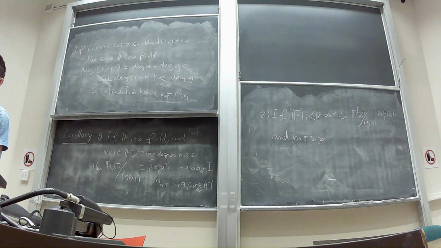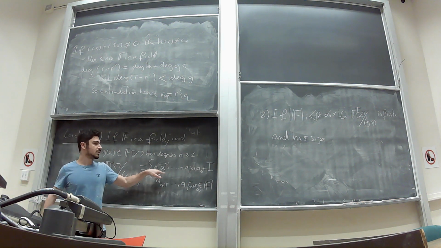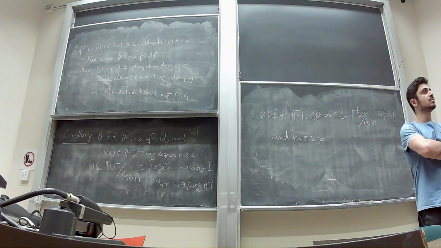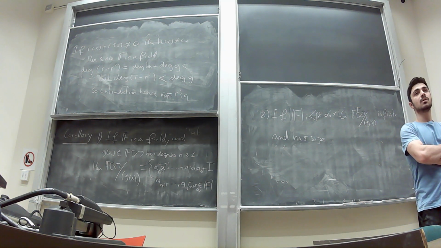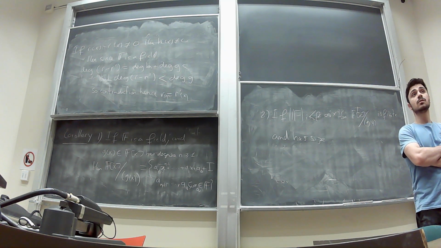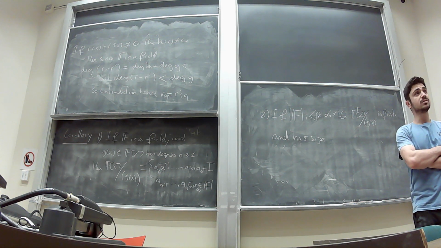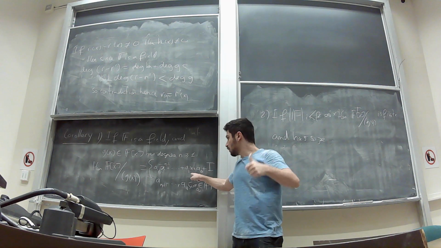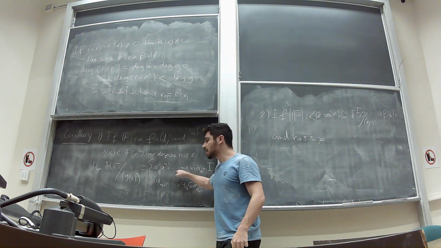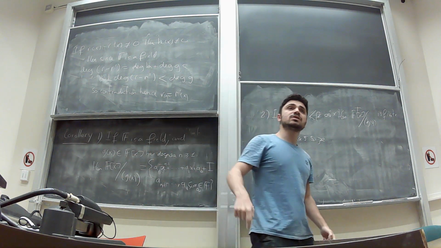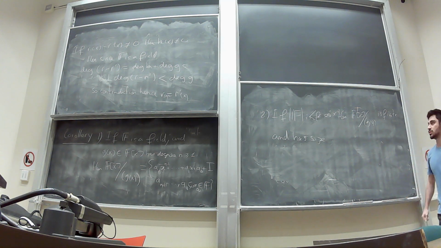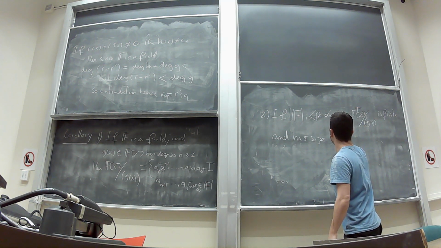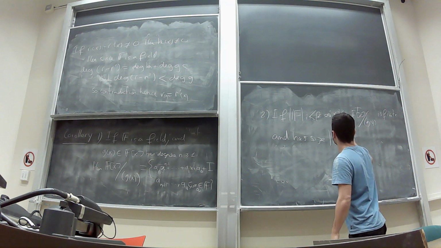How many such polynomials do you have if the coefficients belong to a finite set with q elements? q to the n? How many choices do you have for a0? q. For a1? q. a2? q. a_{n-1}? q. So it has size q to the n, the cardinality of F to the n.